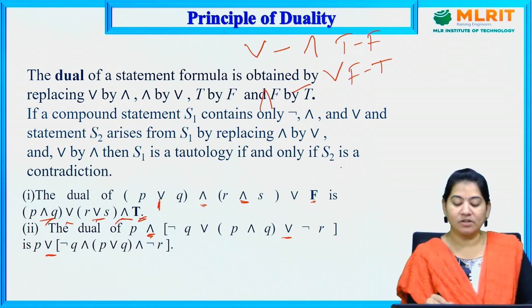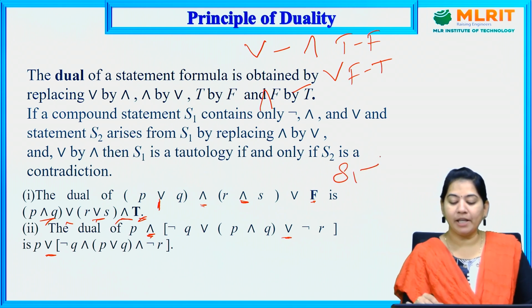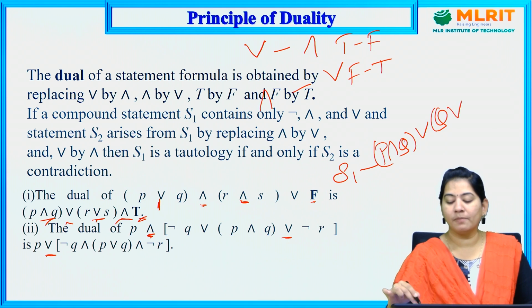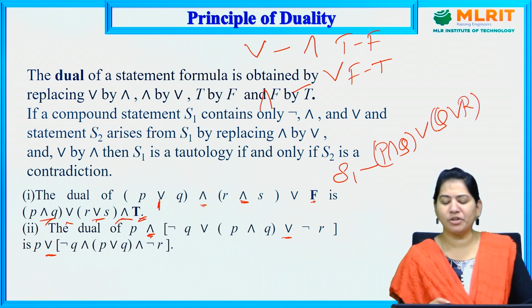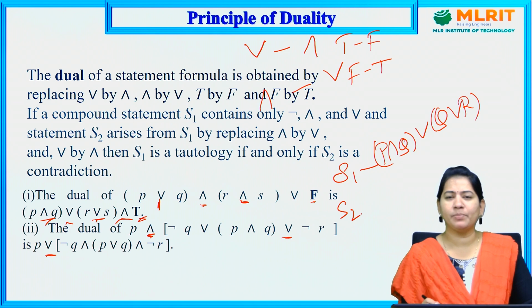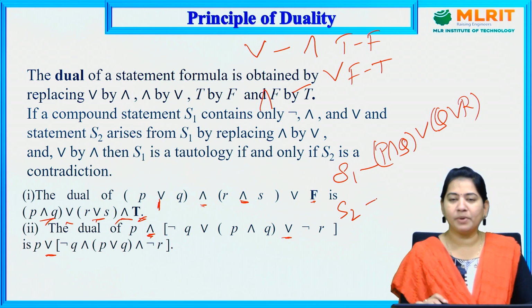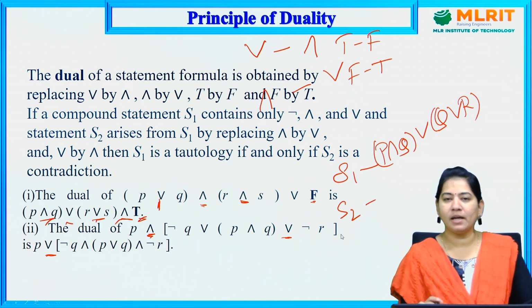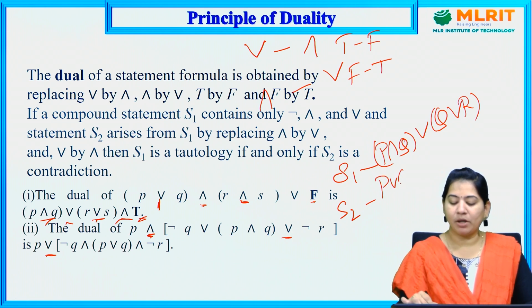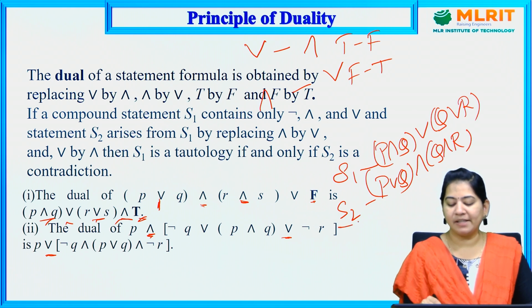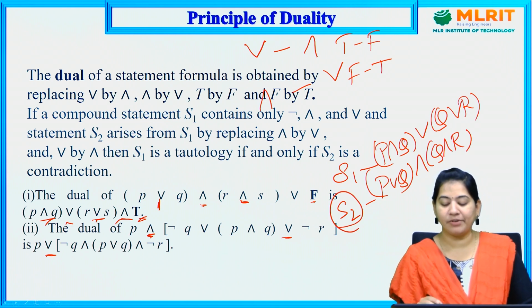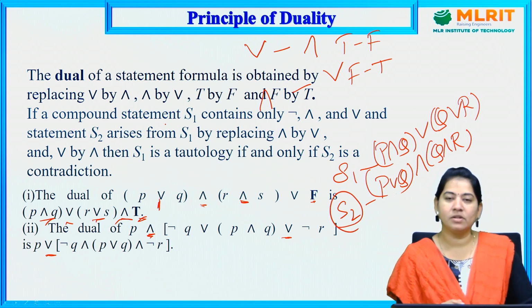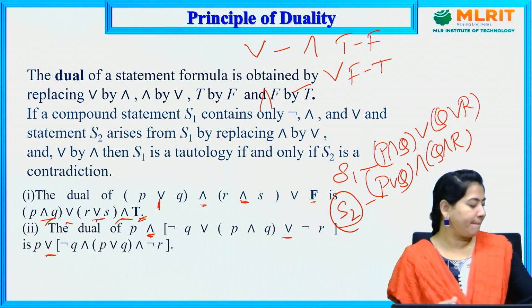Means S1 is one compound statement where you will have some variables also, P and Q or Q or R. Now S2 is nothing but the principle of duality, obtained by replacing OR with AND and AND with OR. That means here P or Q and Q and R. So this S2 is called the principle of duality as we have applied this definition here. So this is about the principle of duality.